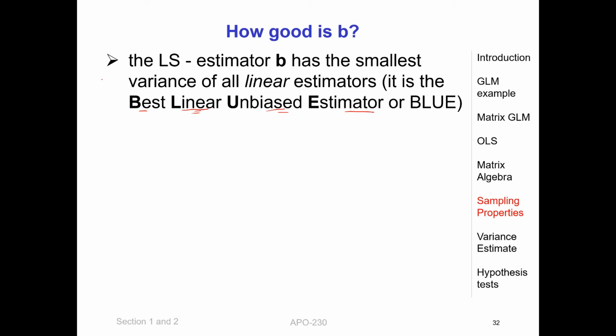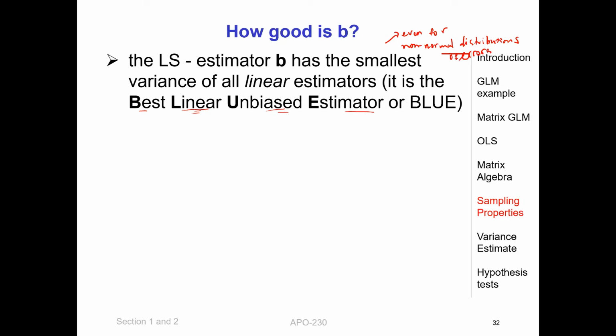So this holds even for non-normal distribution of error.